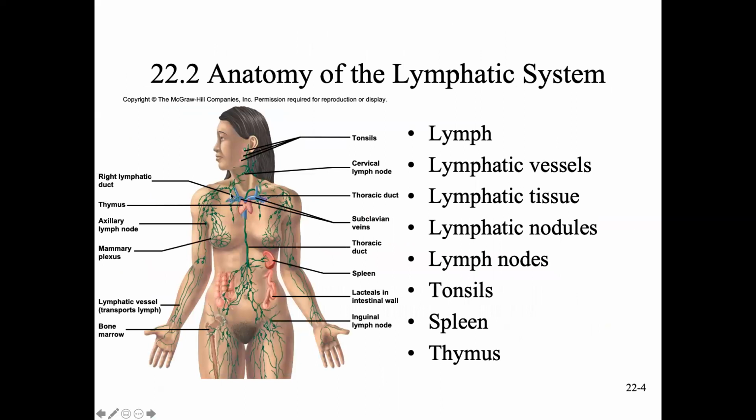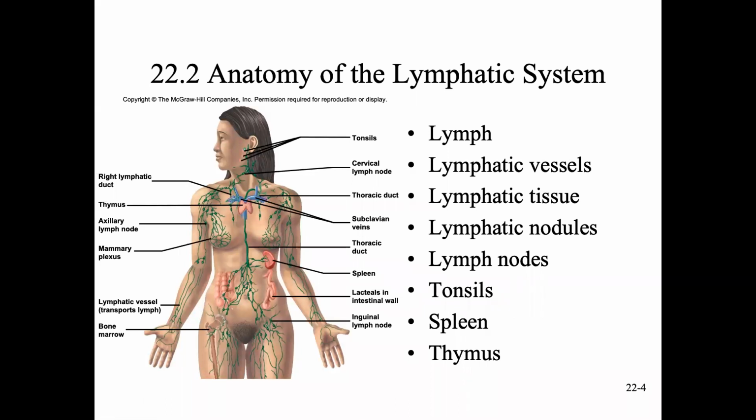The right lymphatic duct drains into your right subclavian. The right lymphatic duct allows us to drain all that excess fluid on the right side of your face, the right hemisphere of our brain.